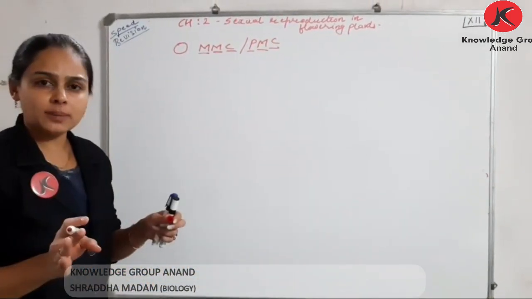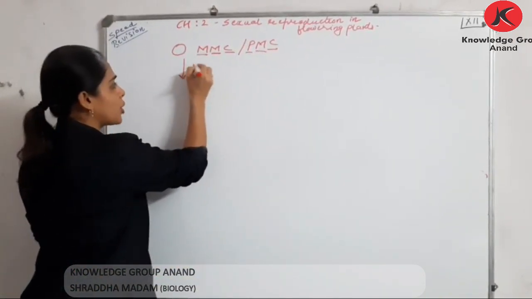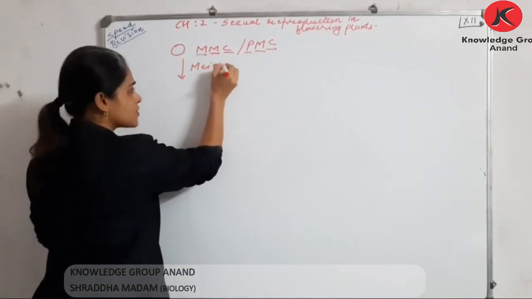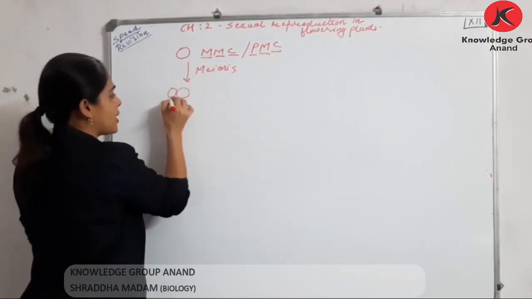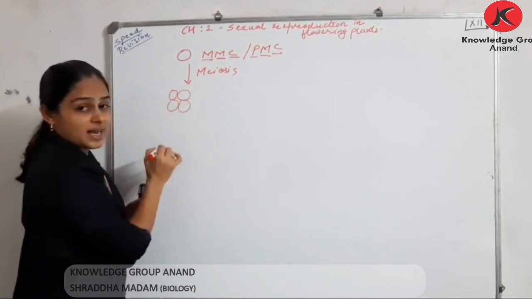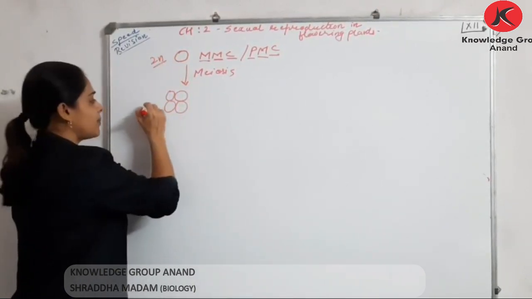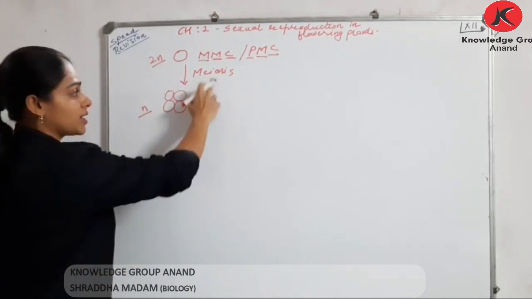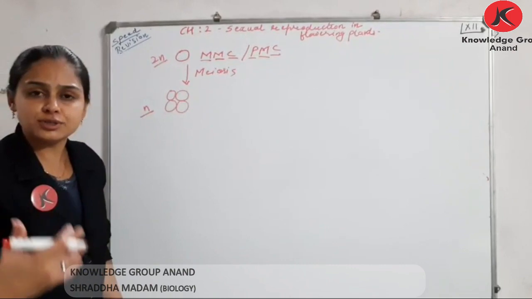Now this pollen mother cell undergoes a process called meiosis. होता है आपका reductional division, इसकी ploidy होगी 2n और इसकी ploidy होगी n, क्योंकि ये reductional division है. So the number of chromosomes will get reduced to half.